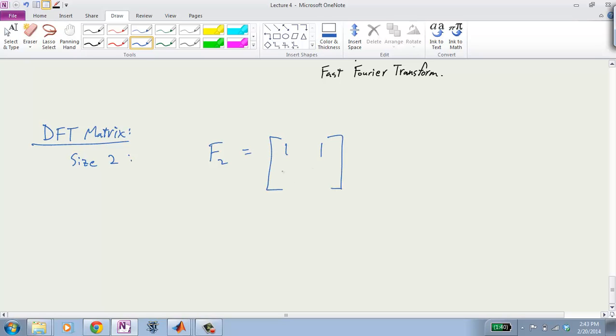1, 1, 1, negative 1. So that's the DFT matrix you use to multiply if you want the DFT of signals of length 2. Okay, it's that simple. Okay, and for length 4, you would do the following.